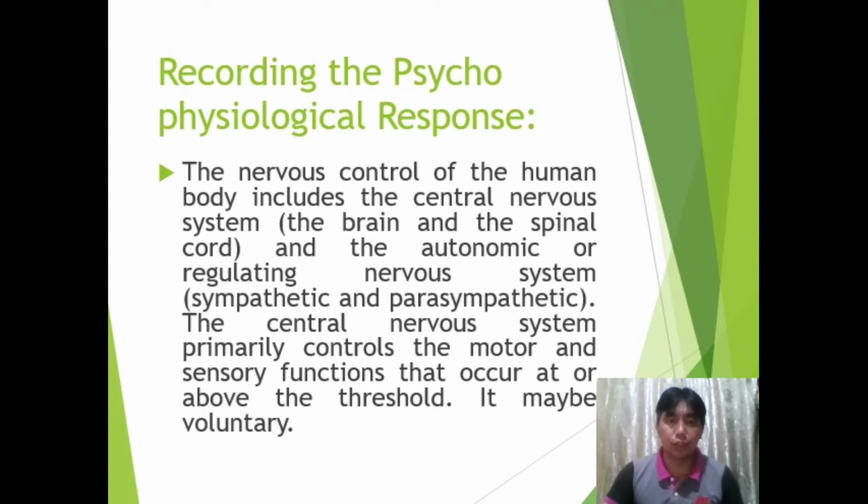It says here, the nervous control of the human body includes the central nervous system, which includes the brain and the spinal cord, and the autonomic or regulating nervous system, sympathetic and parasympathetic. The central nervous system primarily controls the motor and sensory functions that occur at or above the threshold.